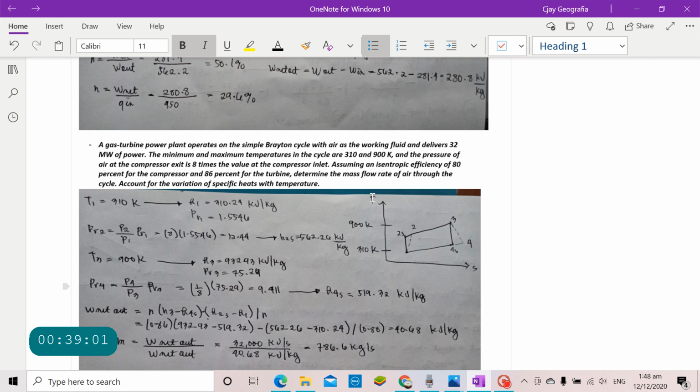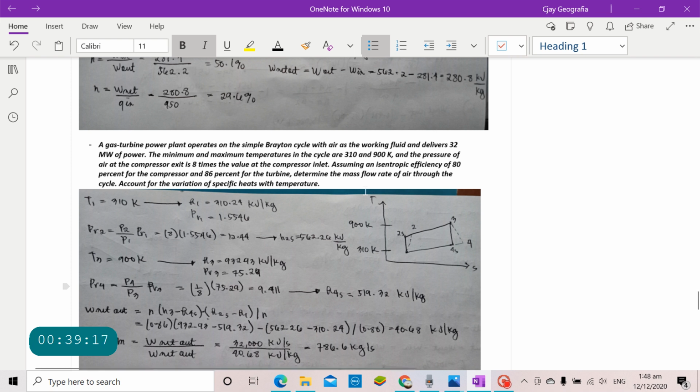Assuming an isentropic efficiency of 80% for the compressor and 86% for the turbine, determine the mass flow rate of the air through the cycle. Account for the variation of the specific heats with temperature.